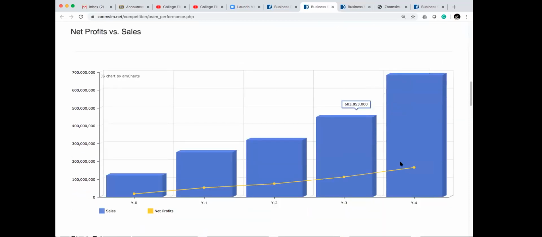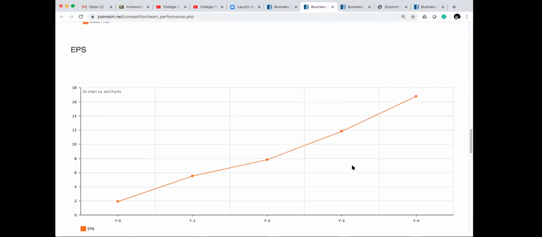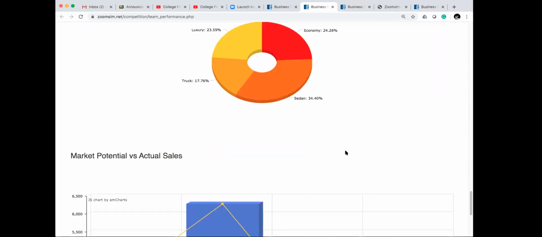And you've been doing that. Stock price is good and earnings per share is good, and your points aren't bad. It's just that you've been going around those 400 points per round, which is basically what you're trying to get.